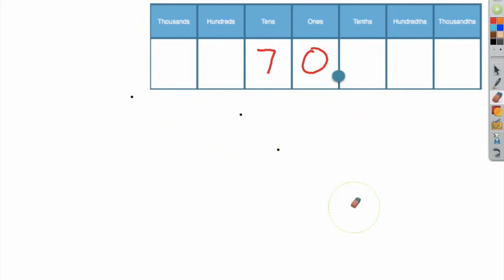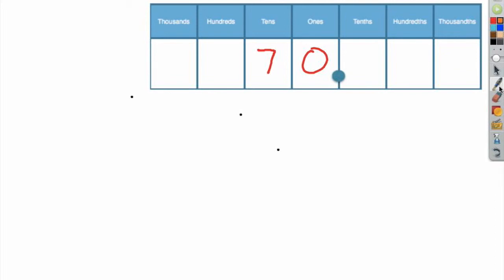Right now my 7 is in the tens column. What would I multiply by to get to the tens column? To get from the ones column to the tens, what would I have to multiply by? 10. How would I get this number then?